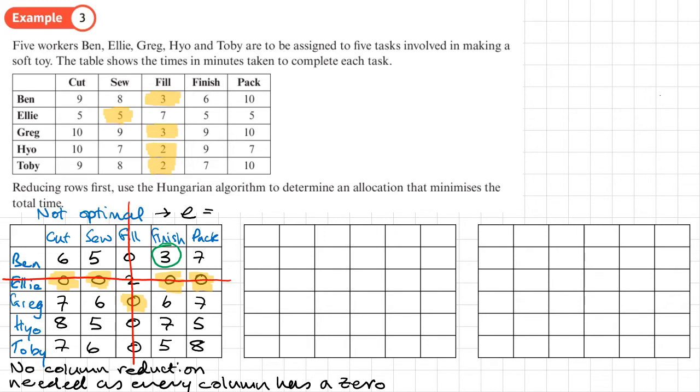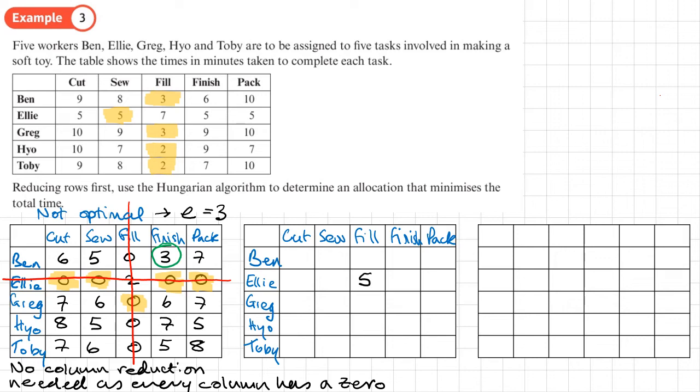That's the smallest uncovered element, 3. So what that means is I need to add 3 to this element here, covered by 2 lines. The other ones remain unchanged, covered by 1 line, and every other element I now subtract 3. So we'll add 3 to the 2 covered by 2 lines, so that then becomes 5.